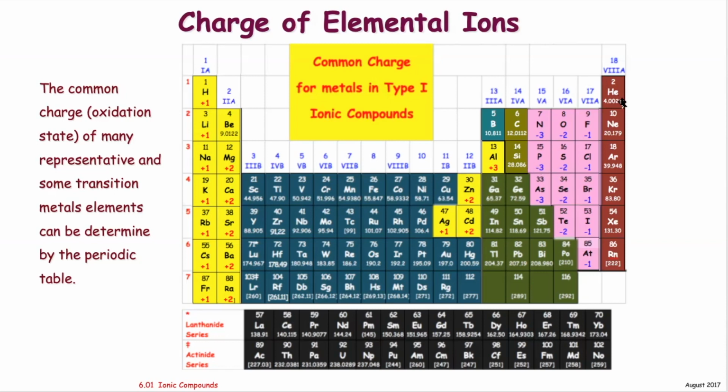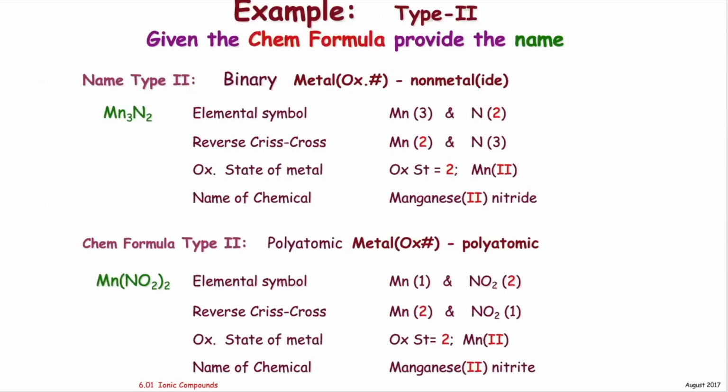It needs 3 more to get 8. It's a -3. So the numbers at the bottom of these symbols are how many electrons it needs. That's the charge. Aluminum +3, phosphorus -3. And if it doesn't have a number here, it varies. So let's go back to where we left off.